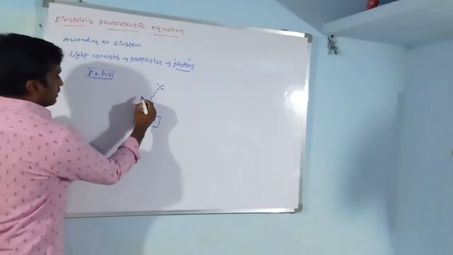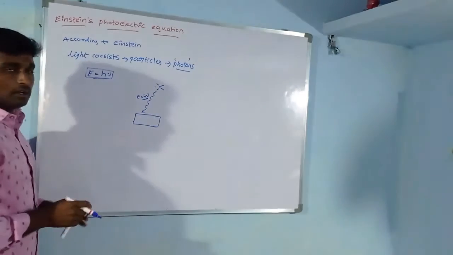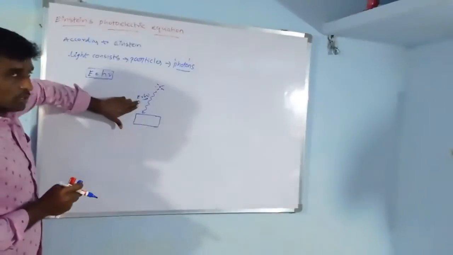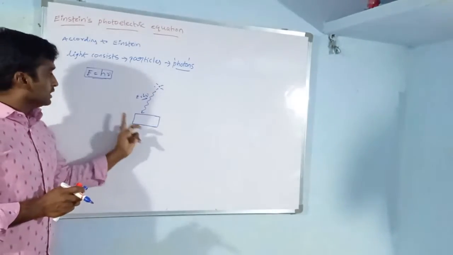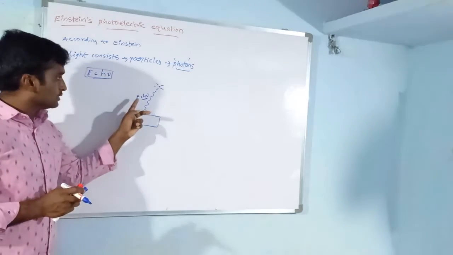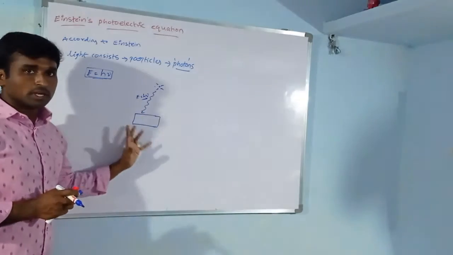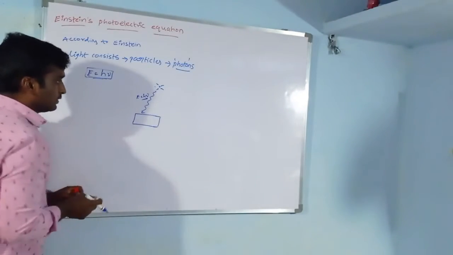When a photon of energy E equal to h nu is incident on the metal surface, this energy is utilized in two ways.